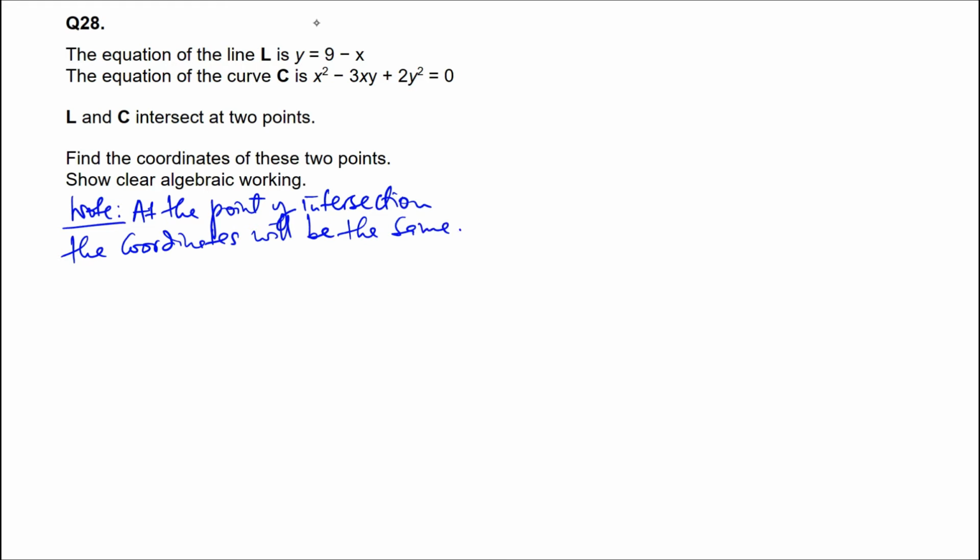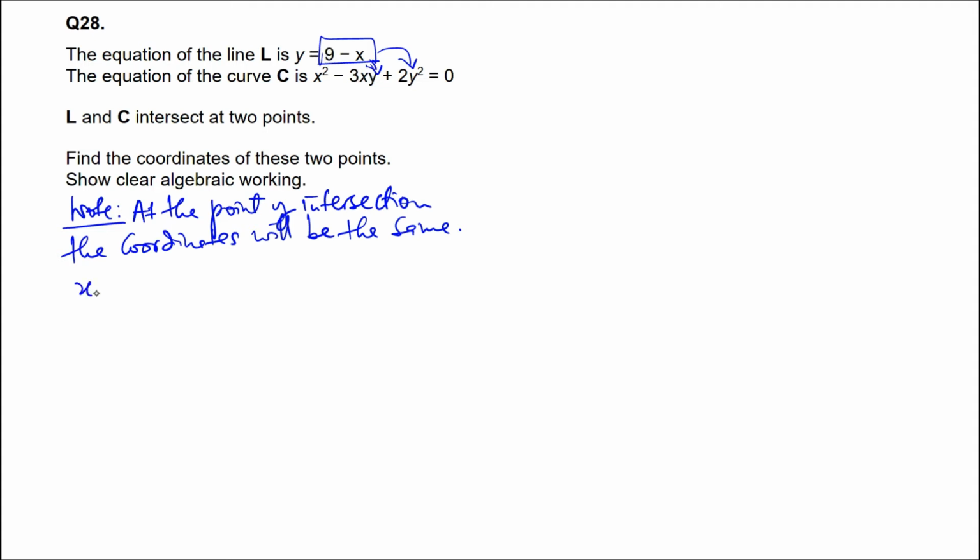So basically what you're going to do is to take this expression for y, and replace it in place of y in the second equation. So basically the equation of the curve would look like this.